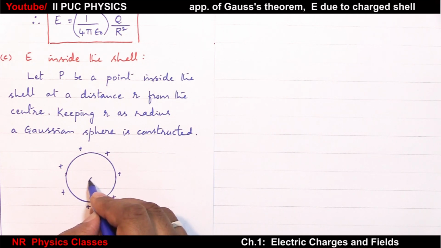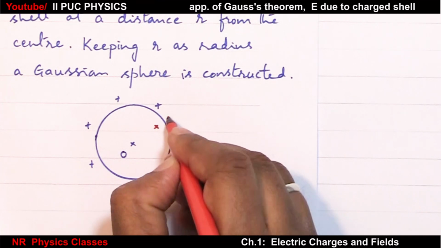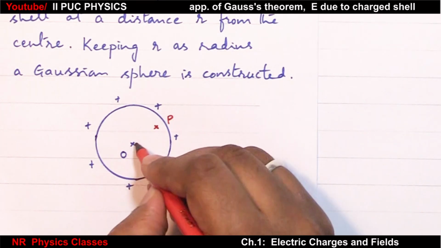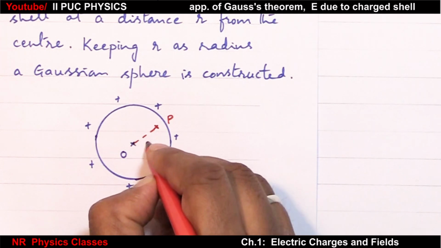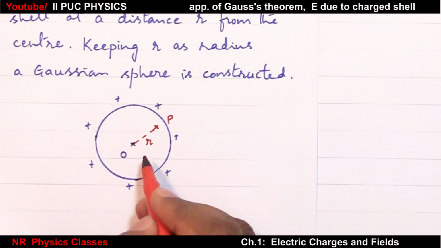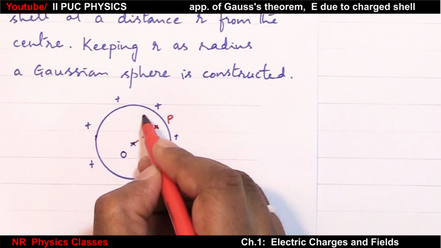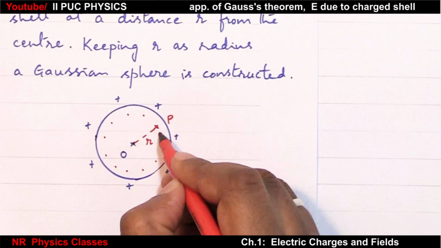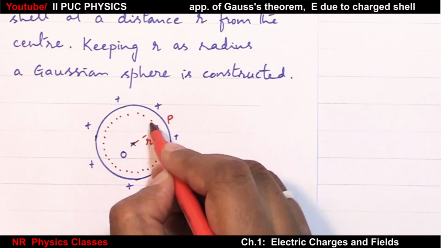Center of the shell is O. This is point P inside the shell. So distance of P from the center is r, small letter r. Now keeping r as radius, I should construct the Gaussian sphere. This dotted sphere is the Gaussian sphere.